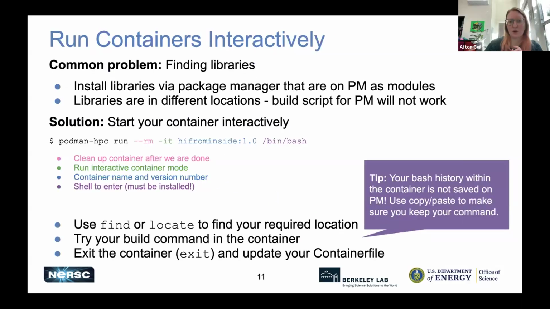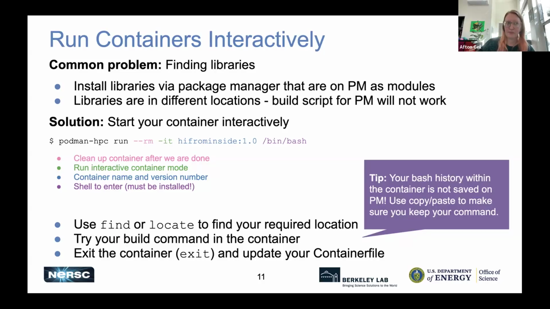So one of the most common problems when you're trying to build your own containers is finding the libraries. If you have that bash script that works on bare metal Perlmutter, where either the libraries are already installed or you can find them on Perlmutter, they're actually going to be in different locations in your container.